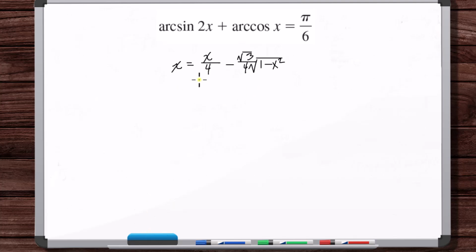So now we just need to solve this radical equation here. We've got root 3 over 4 times the square root of 1 minus x squared. Now 1/4 x minus x is minus 3/4 x.